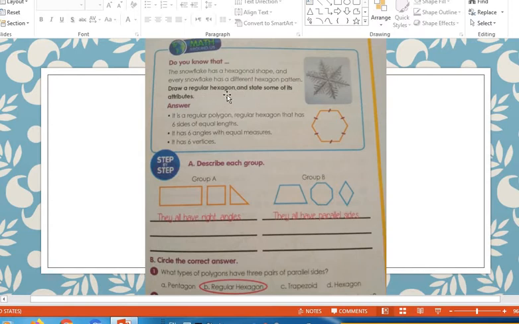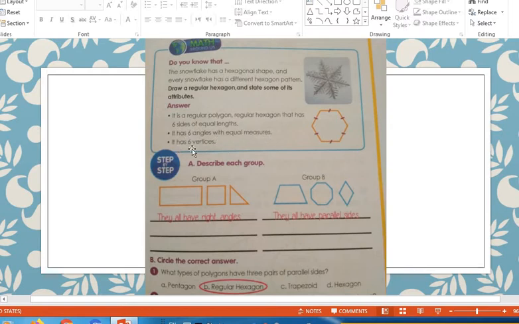Draw a regular hexagon and state some of its attributes or characteristics. Answer: it's a regular polygon. A regular hexagon has six sides of equal lengths. It has six angles with equal measures.